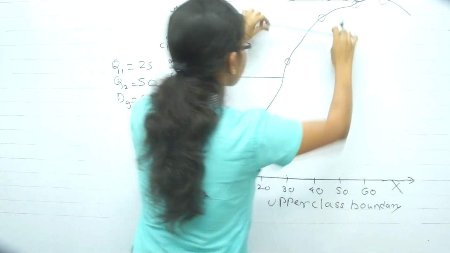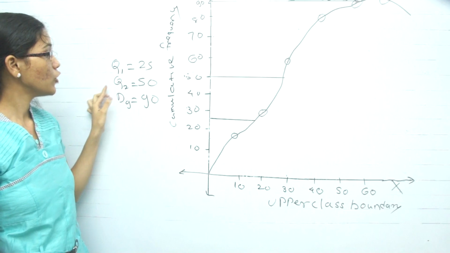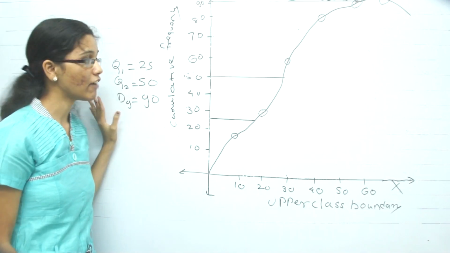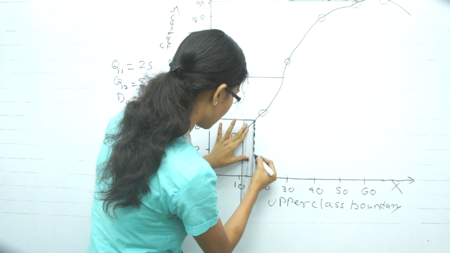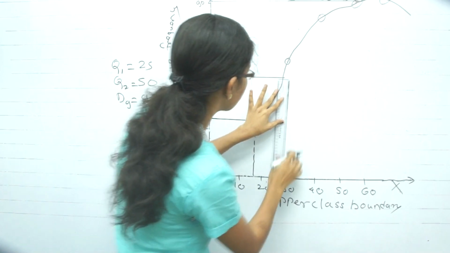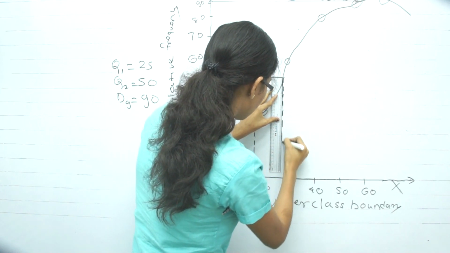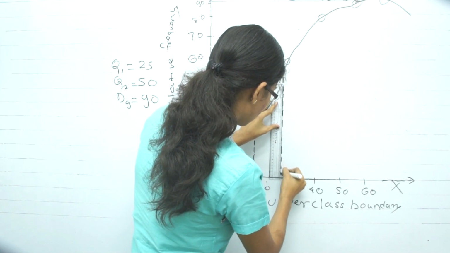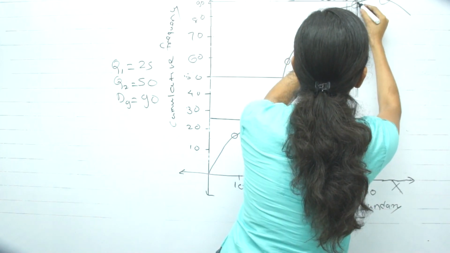Okay friends, you have to find Q graphically, so put just here this line, this line, and this, and then this line.